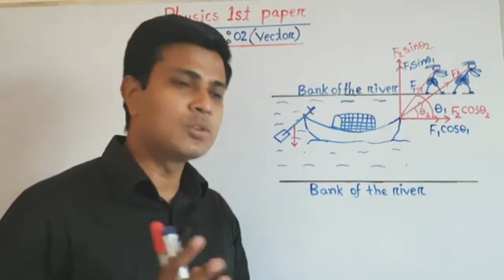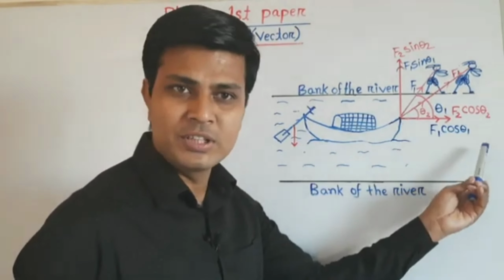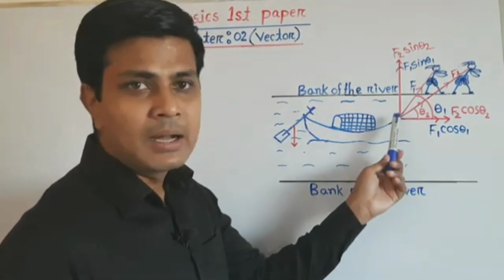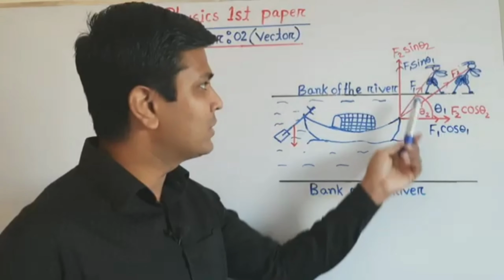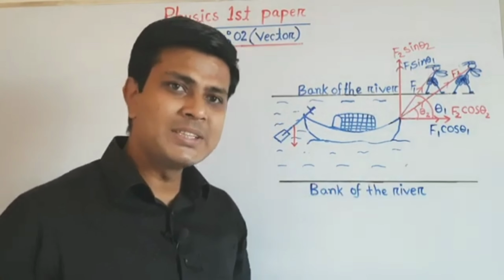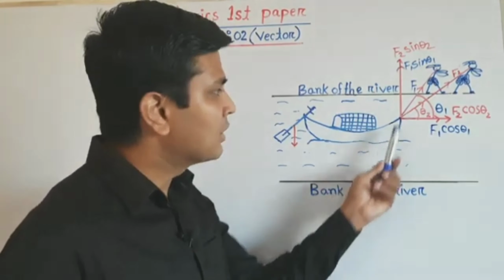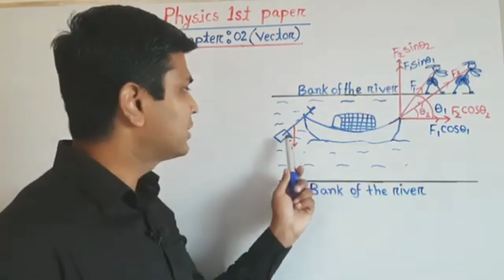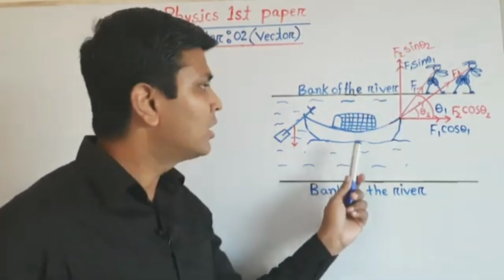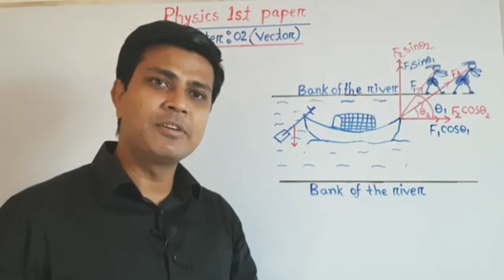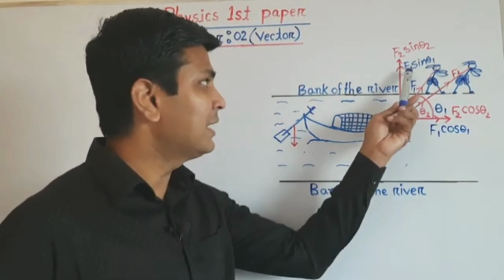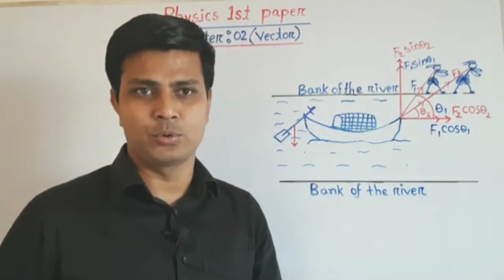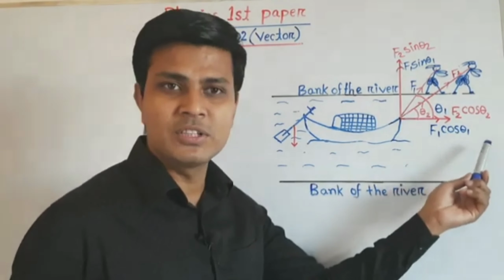The first component is the horizontal component, F1 cos theta 1, which is responsible for moving the boat forward, and the other component is the vertical component, F1 sin theta 1, which tries to move the boat towards the bank, but the rudder neglects that vertical force and the boat does not move towards the bank of the river. So we can say F1 sin theta 1 is not an effective force, it is an ineffective force. Here the effective force is F1 cos theta 1.